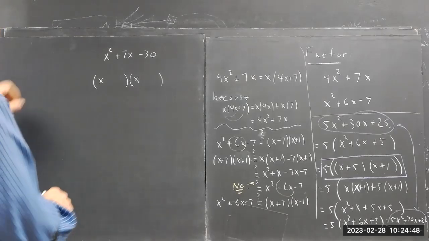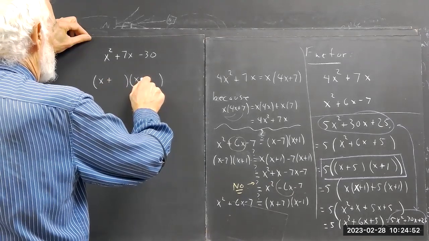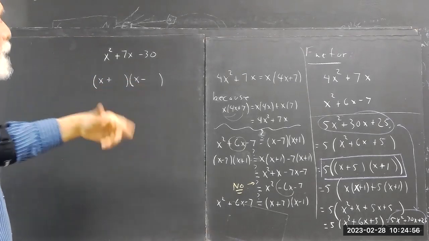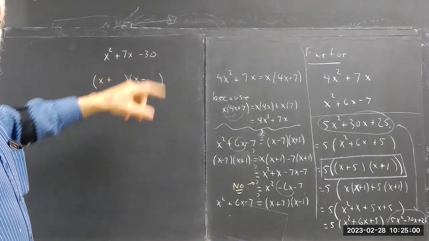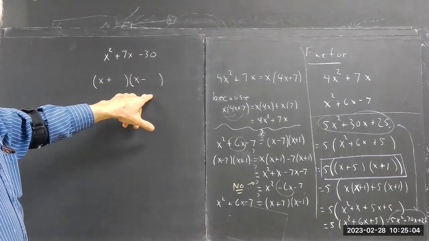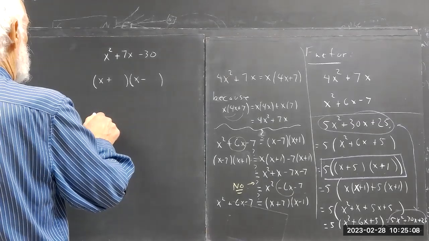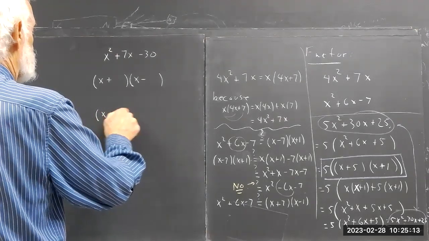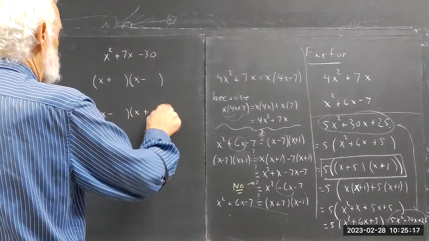Now, it could be an x plus something and an x minus something, because whatever we have here and here is going to end up being multiplied to give us our negative 30. So I've got a negative here. I'm going to have to have a plus and a minus. Okay. Or it could be an x minus something times an x plus something.